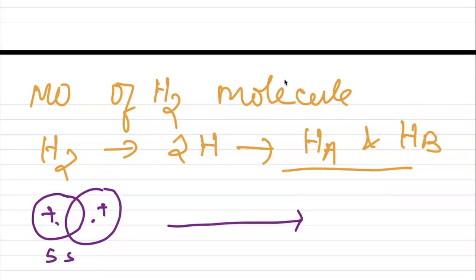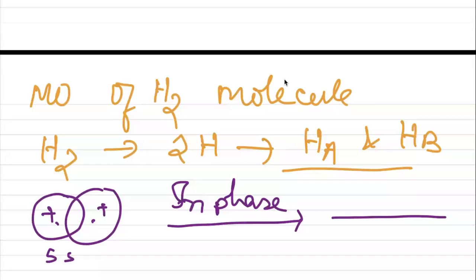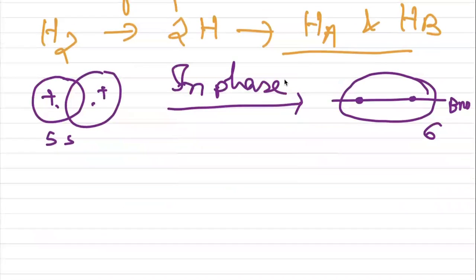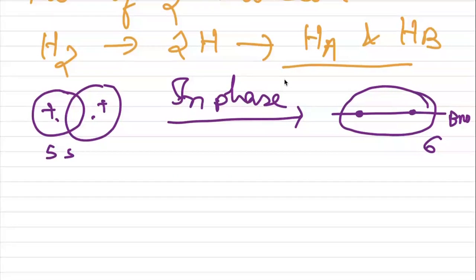One possibility of approaching will be in phase. When it will be in phase, this is bonding MO. And one possibility will be like this.